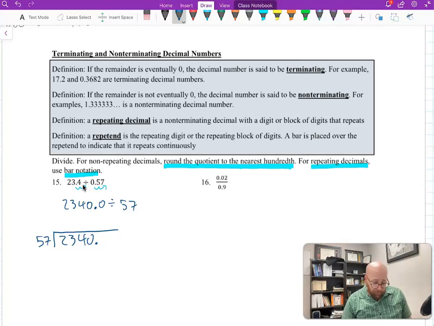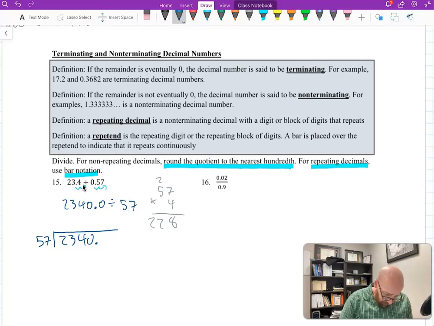And here we go. How many times does 57 go into 234? Let's try 4 times. 57 times 4: 4 times 7 is 28, carry the 2. 4 times 5 is 20, plus the 2 is 22.